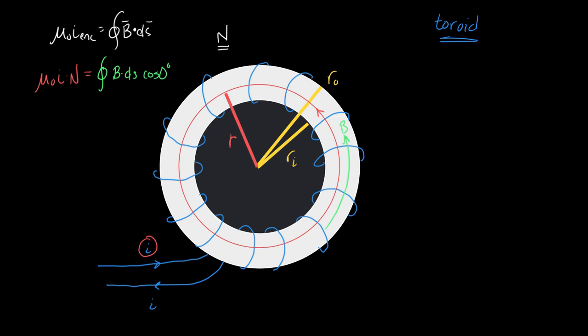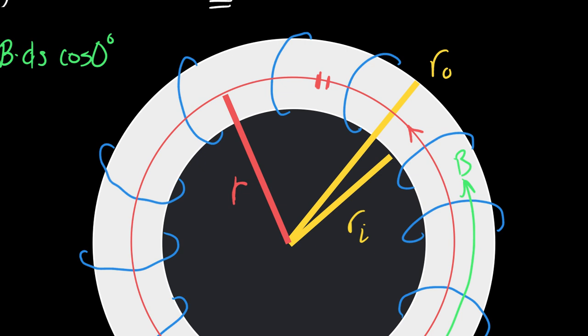I would probably just pick a small portion of the loop and call it, this is our ds right here. It's a small piece of arc length.